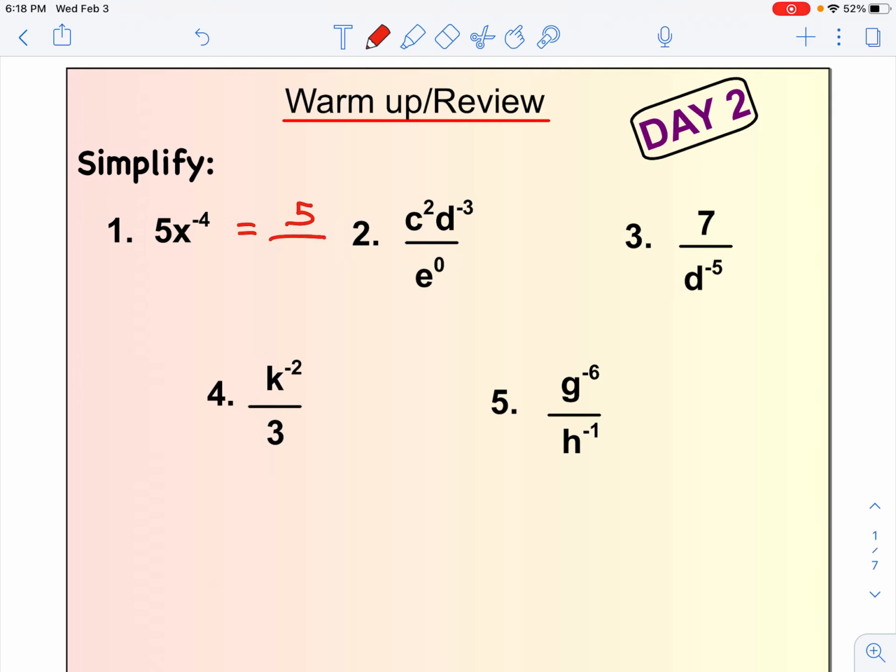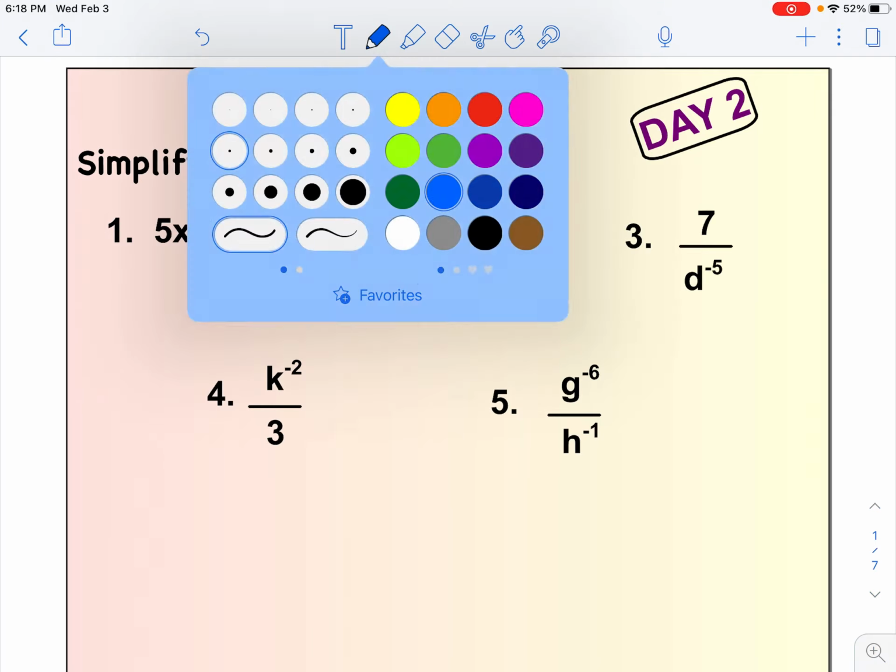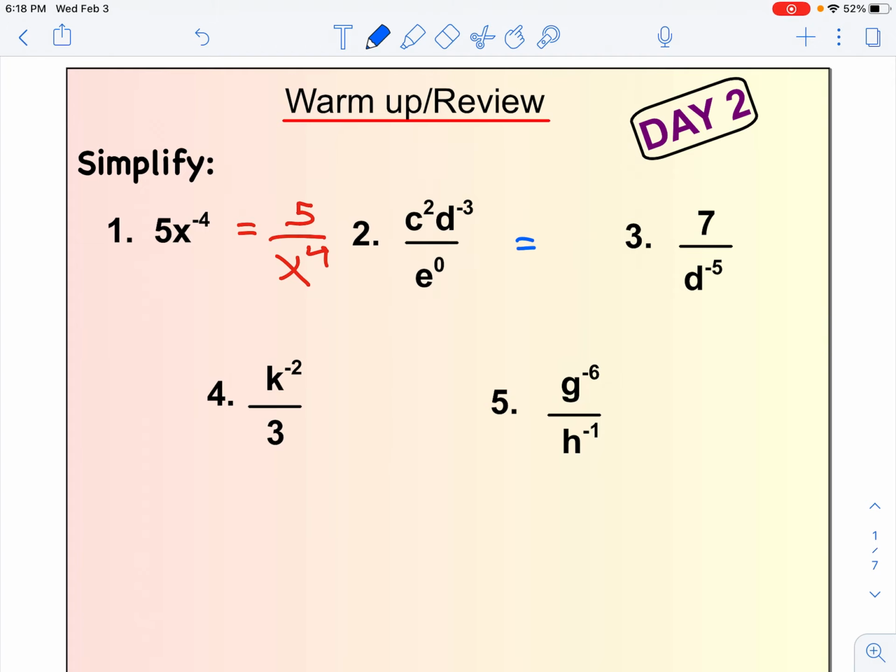So if you're just looking for the answers, the first one is 5x to the fourth. The second one would be c squared over d to the third. Those are the answers. Number 3, the answer is 7d to the fifth.